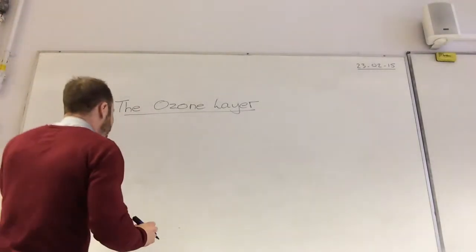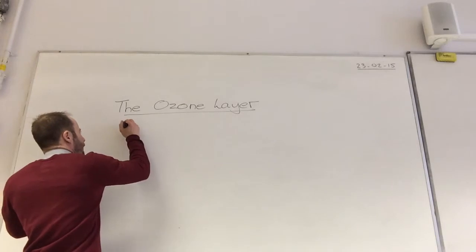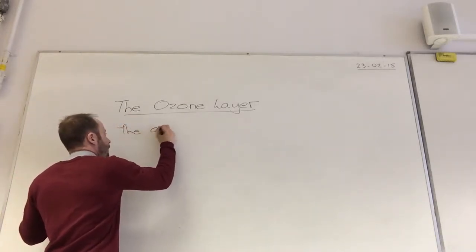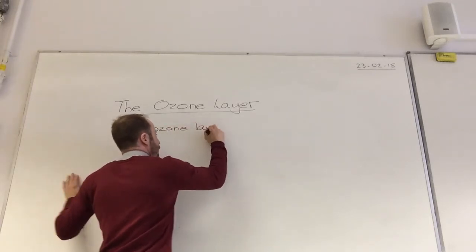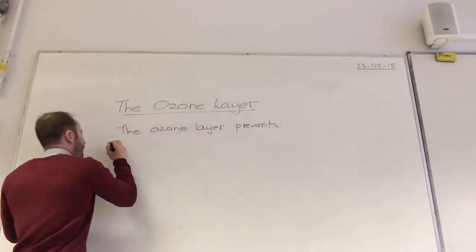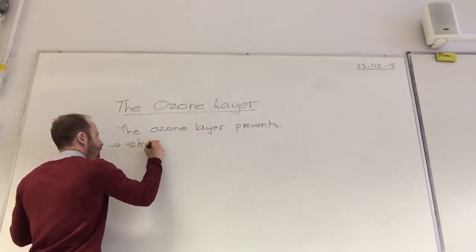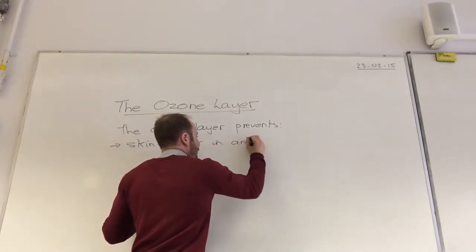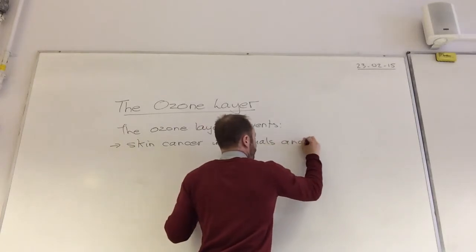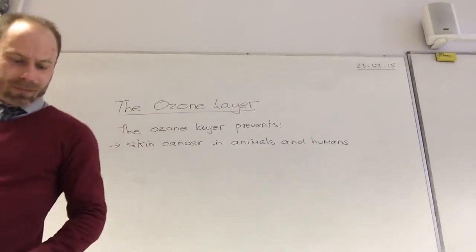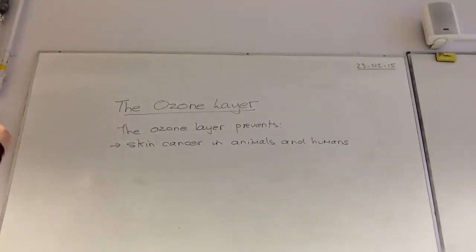So the reason why the ozone layer is so important, we've already had one. It prevents skin cancer in animals and of course us. Can anybody else have another reason why ozone is important?